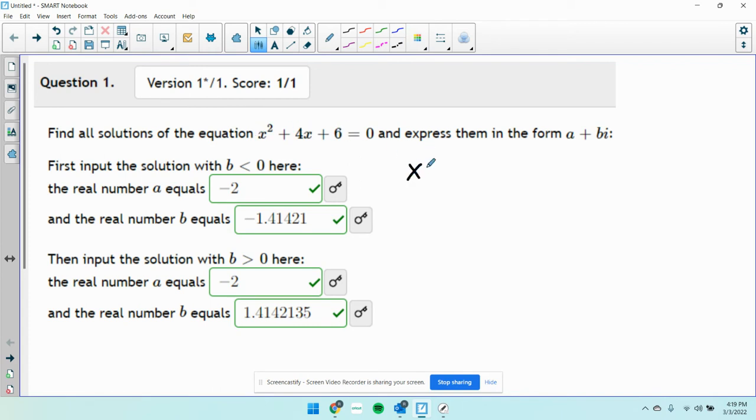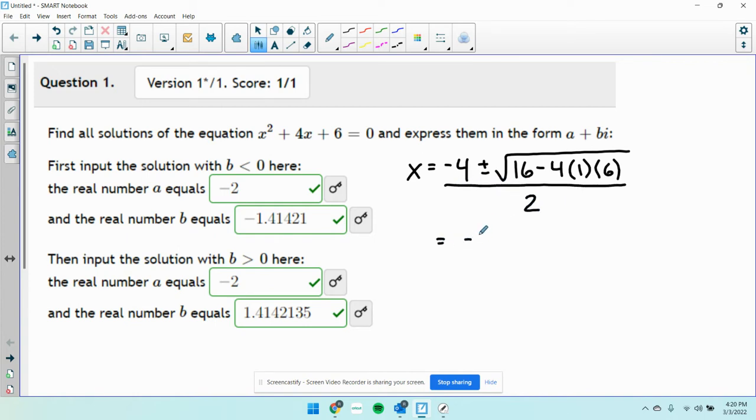So I get x equals negative b, negative 4 plus or minus the square root of 4 squared, which is 16, minus 4 times 1 times 6, all over 2 times 1.